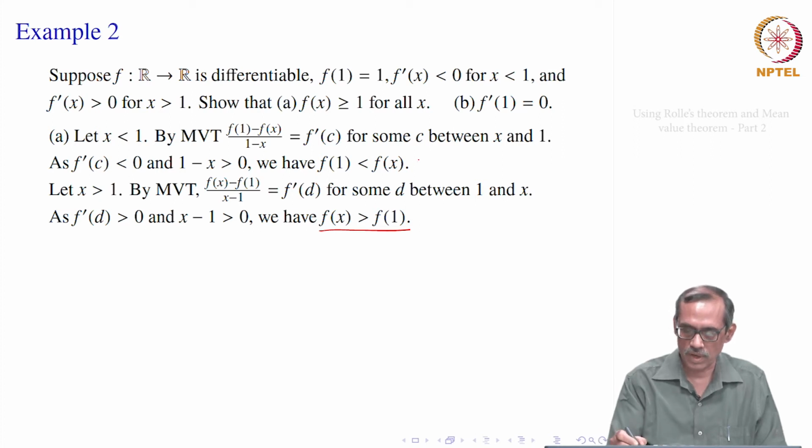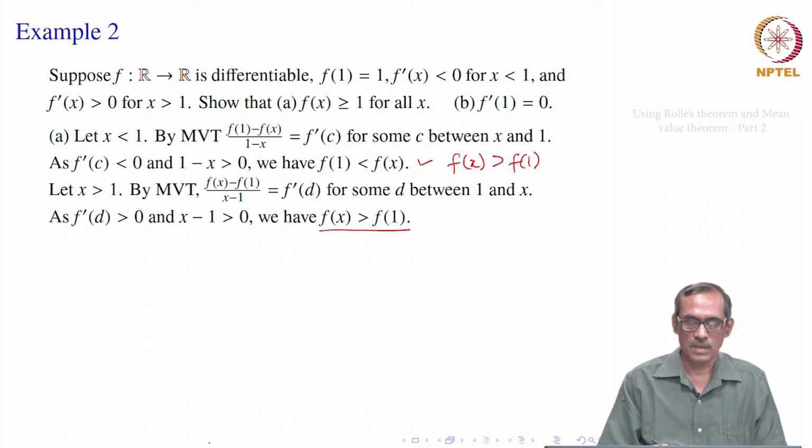So, here also earlier we have got f of 1 less than f of x, which is the same thing as telling f of x is bigger than f of 1. So, that means at any point x which is smaller than 1 or which is larger than 1, we always have the inequality f of x is bigger than f of 1.